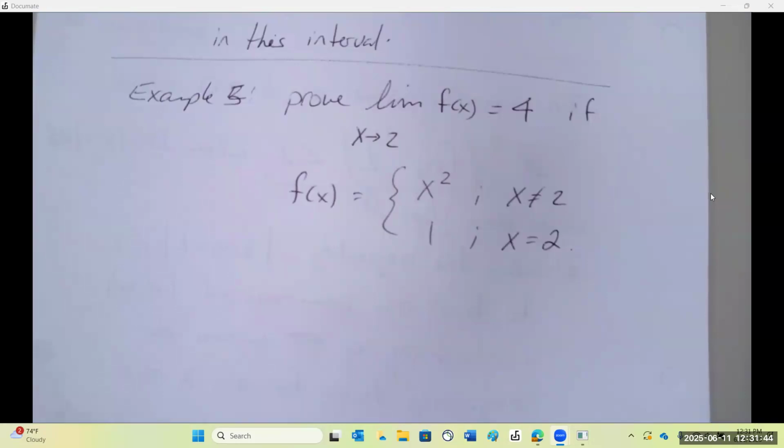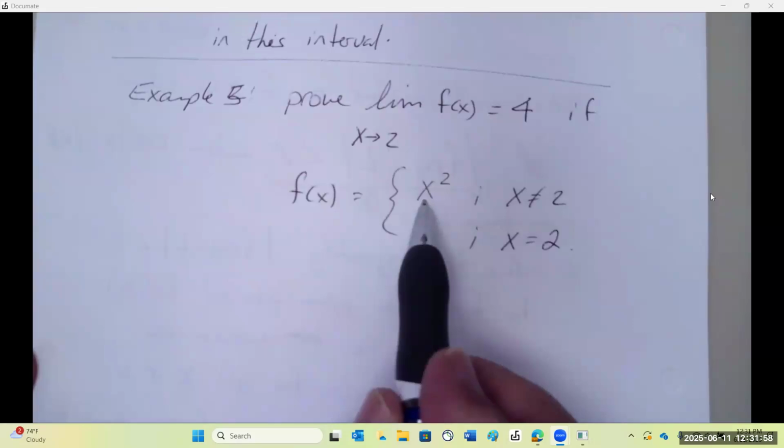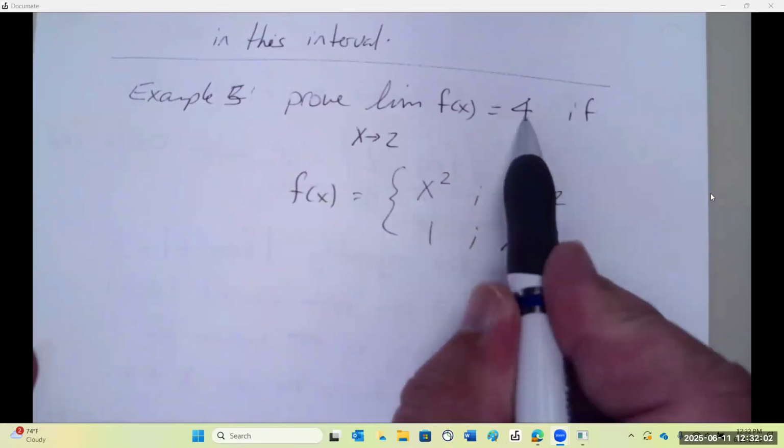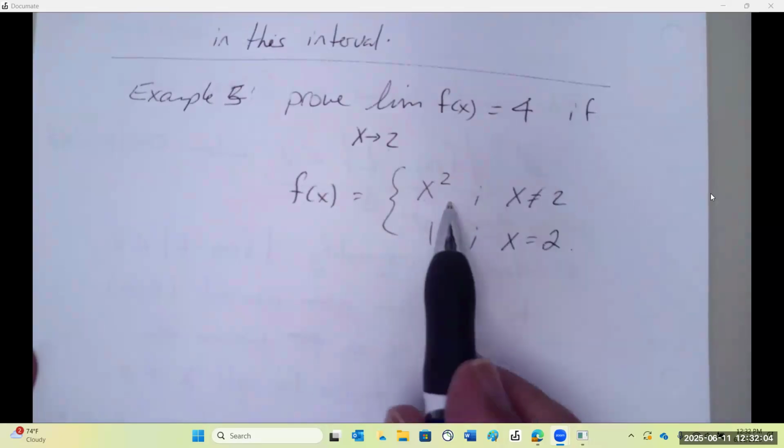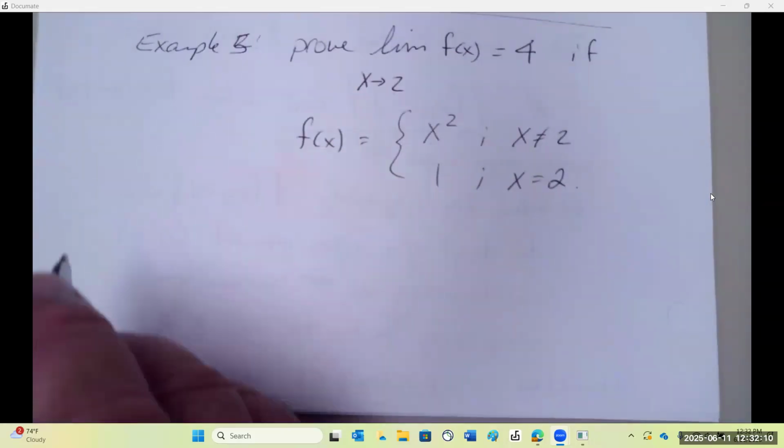So prove that the limit of f of x equals 4 as x approaches 2. Remember, the function doesn't have to exist there, because if x is 2, what's the answer going to equal? 4. But we can't use 2. We have to get infinitely close to it. So what we have to show is this.